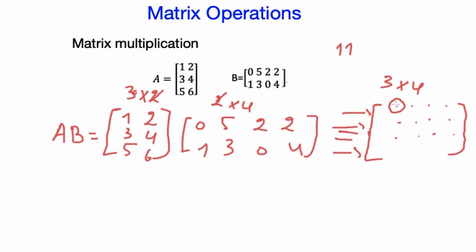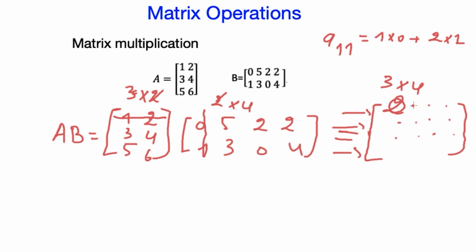So this entry equals 1 times 0 plus 2 times 1, which equals 0 plus 2, so it is 2.